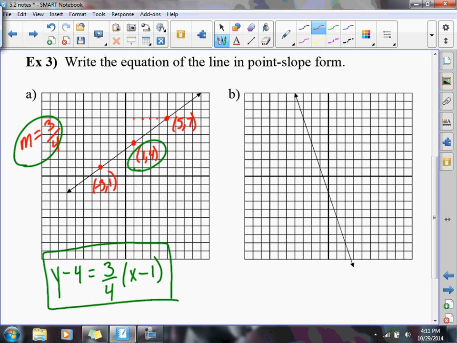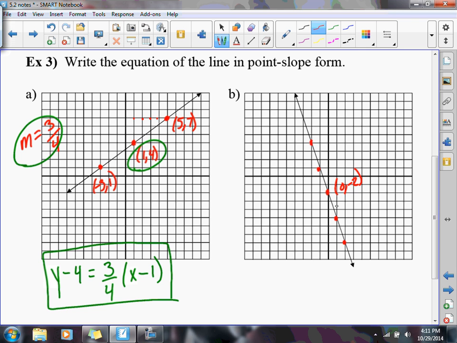So let's try this again for part B. I need to find at least 2 points on the graph that are nice. There's one, there's one, there's one. Oh, this graph has lots of nice points on it. So let's see. I've got, what is that one? 0, -2.